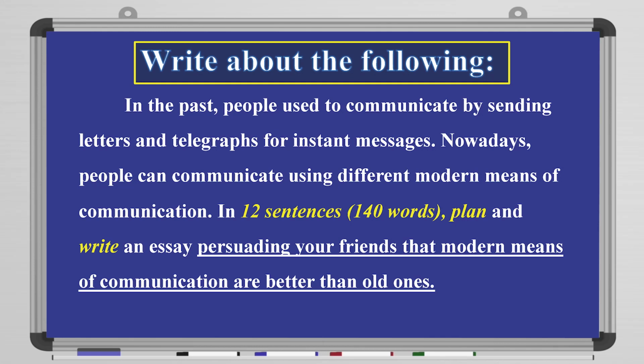In 12 sentences, plan and write, and pay attention to planning, then writing, an essay persuading your friends that modern means of communication are better than old ones. Now, you see the sentence underlined, it has 2 main ideas: that the modern means of communication are better than the old ones. So you will speak about how modern communication is better than the old ones.